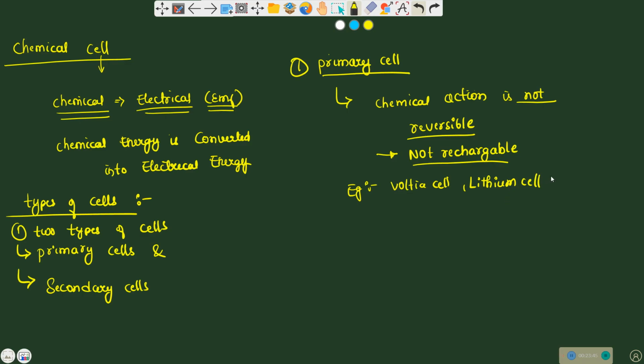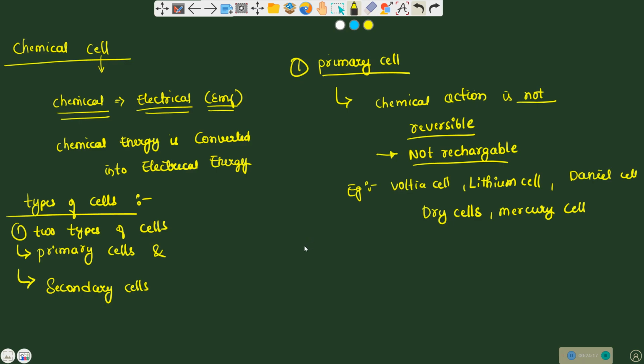A lithium cell is a primary cell which cannot be recharged, whereas a lithium ion cell is a rechargeable battery. Then we have the Daniell cell, the Leclanche cell or dry cell, which you use in TV remotes, toys, controlling units, etc., and the mercury cell.